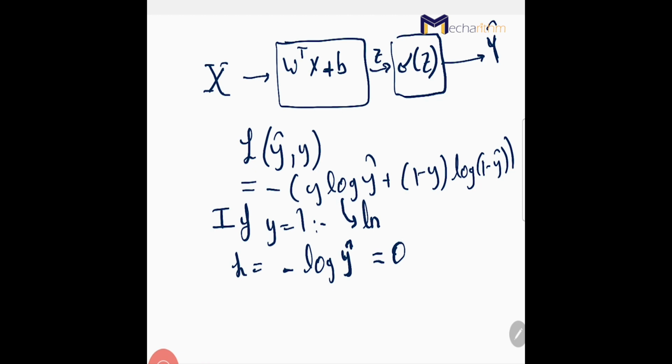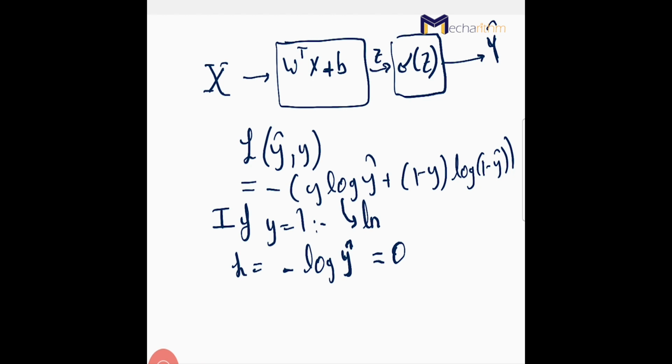And if the y cap variable happens to assume a value that is equal to 0 instead of 1, or close to 0, then we have negative log, which is actually ln, of 0, which happens to be positive infinity.